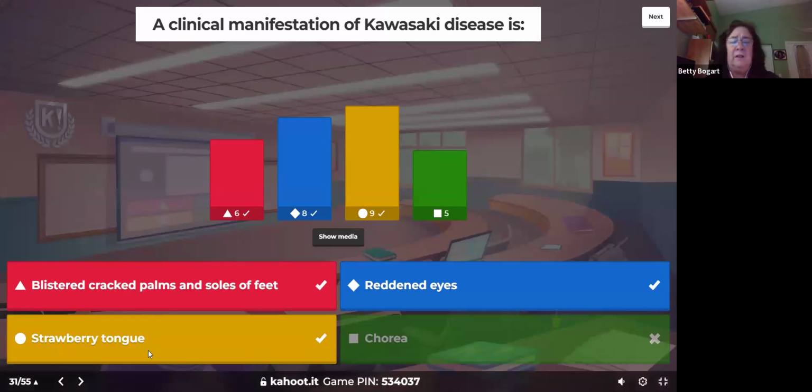Now, one of the clinical manifestations is that blistered palms, the strawberry tongue, the reddened eyes, and yeah, it is that movement also. The one thing that we cannot turn around with all of the chorea, that is not with that.